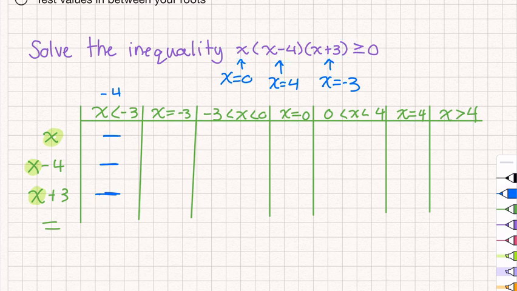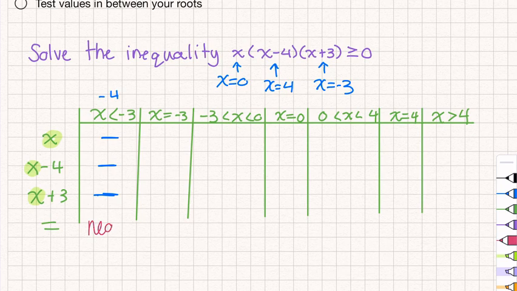What happens when I multiply a negative by a negative? I get positive. And then if I take that positive number and multiply it by a negative, I get negative. So my final answer: anytime x is less than negative 3, my value is going to be less than 0. It's going to be negative.